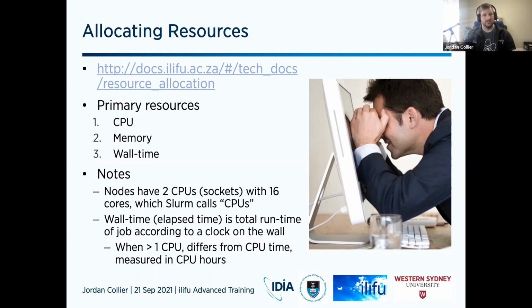And so we adopt this language in our documentation and presentations here. And then the wall time or elapsed time is the total runtime of a job according to a clock on the wall. They use this language of wall time to differ from CPU time, which is measured in CPU hours. And when running a parallel workflow with more than 1 CPU, this number would be different to the wall time.